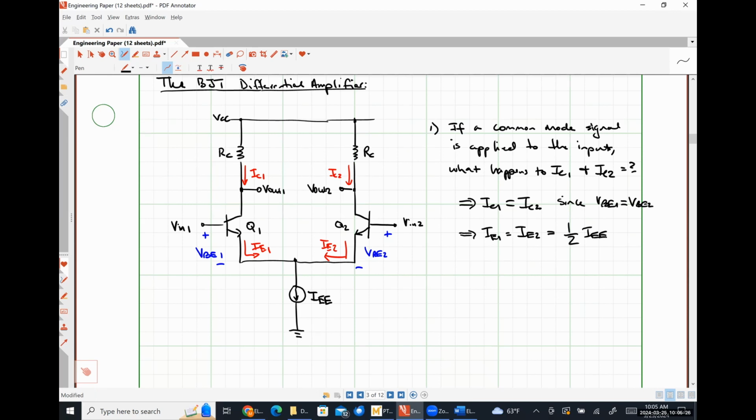What would our output voltage be? Or what would our differential mode output voltage be? 0. So effectively, we don't amplify common mode signals with a circuit like this.